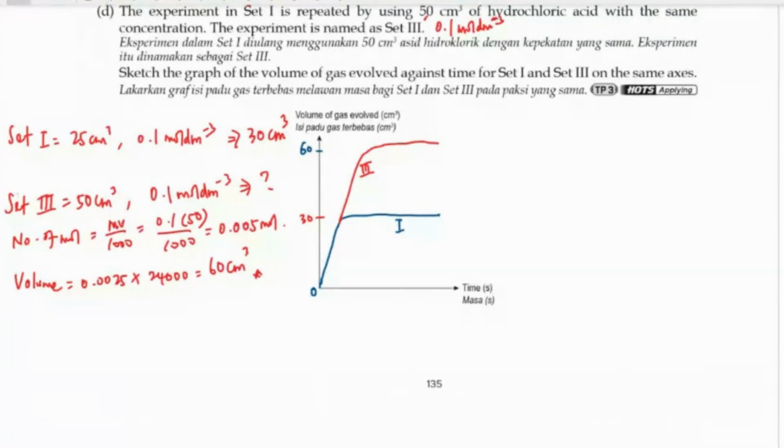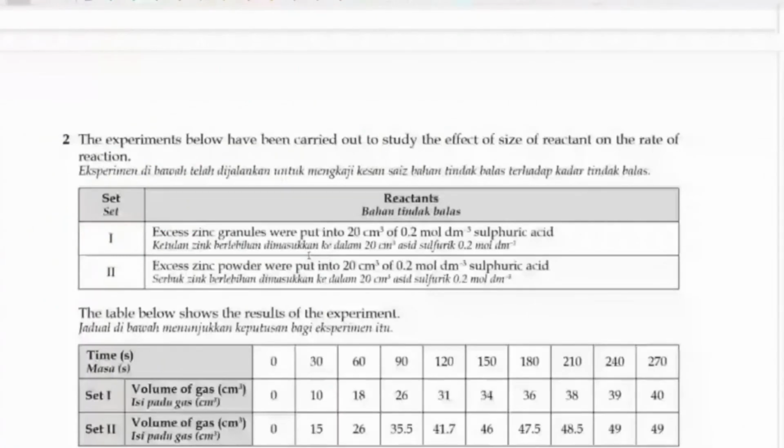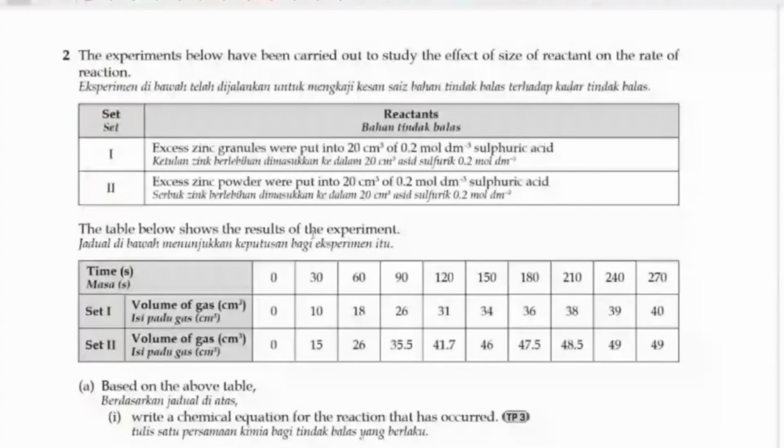Okay, class, now question number 2. This one is actually a repeat, but now we want to compare the factor. I told you already: powder means smaller size, and granules mean bigger size.